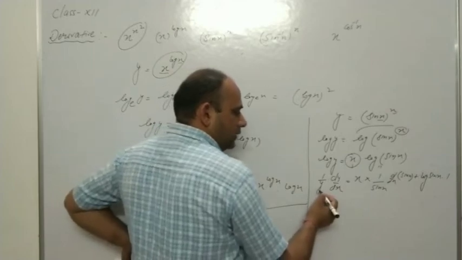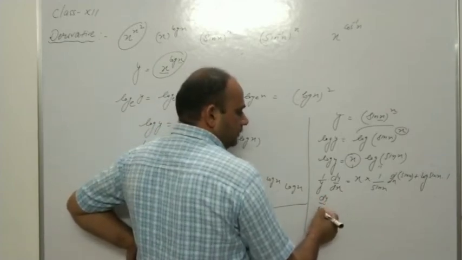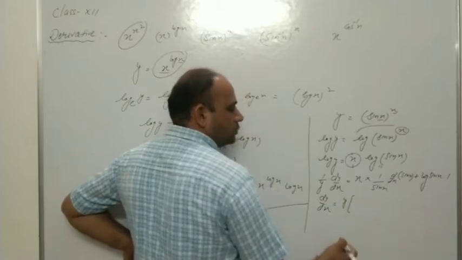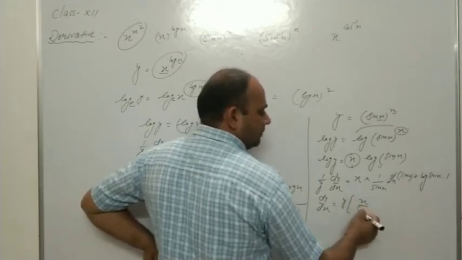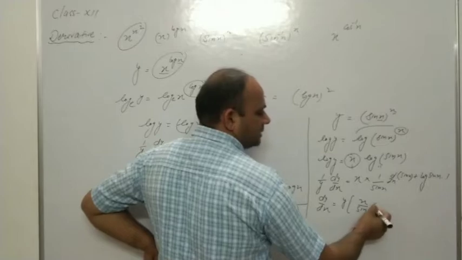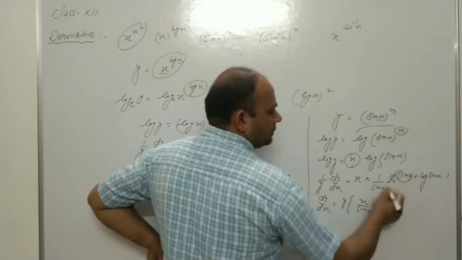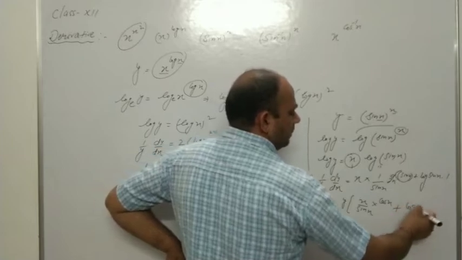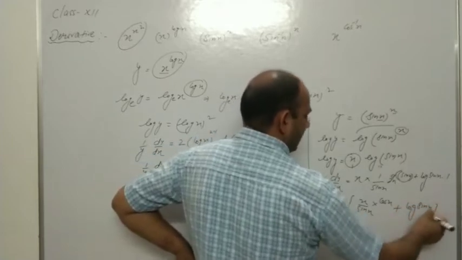Now here y is dividing, so on the right side it will change: y into x upon sin x, the derivative of sin x being cos x, plus log sin x.